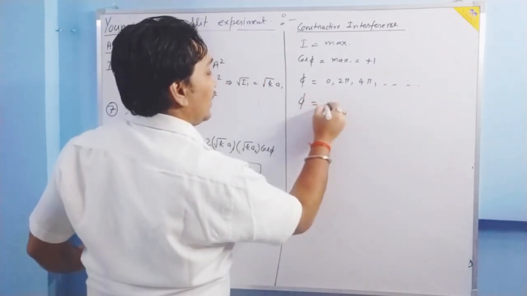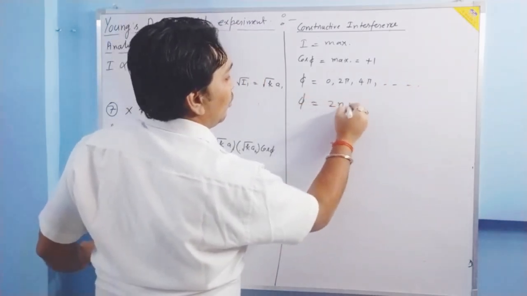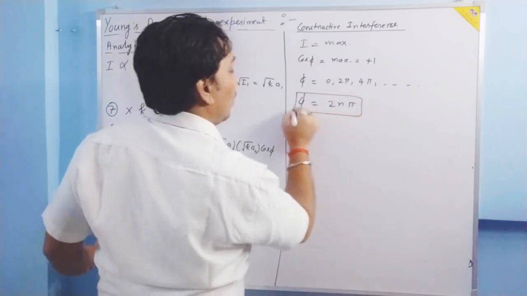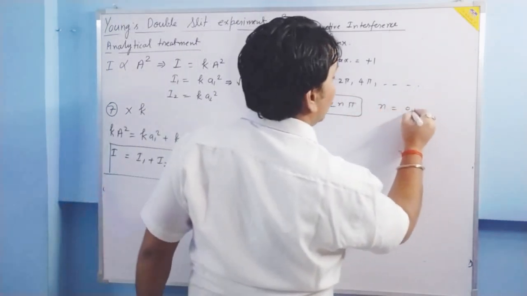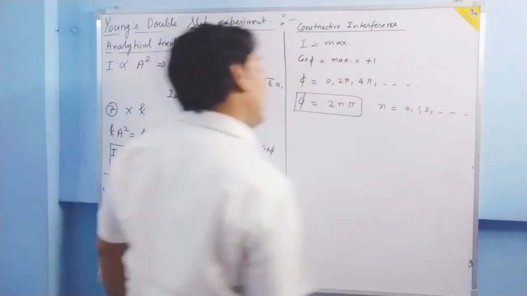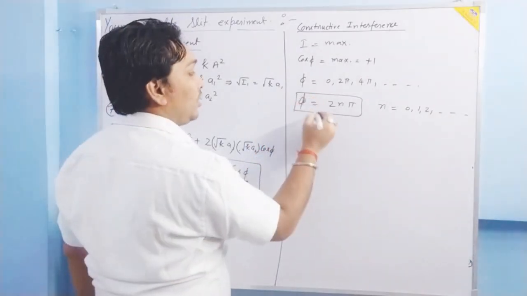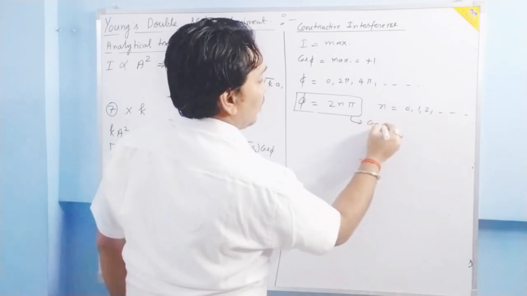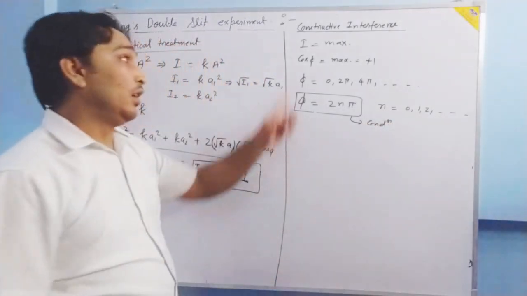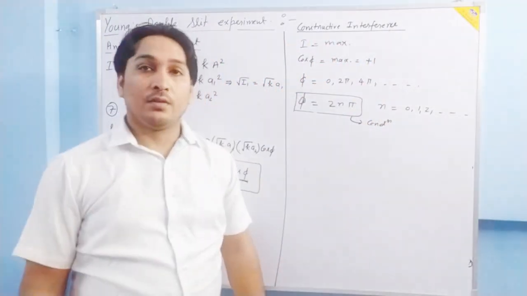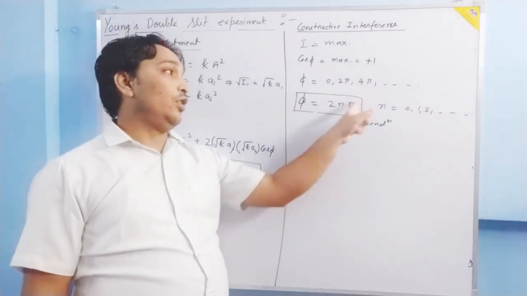Or we can write phi is equal to 2n pi, where n starts from 0, 1, 2, and so on. So this is the condition for constructive interference. The value of phi should be 2n pi.